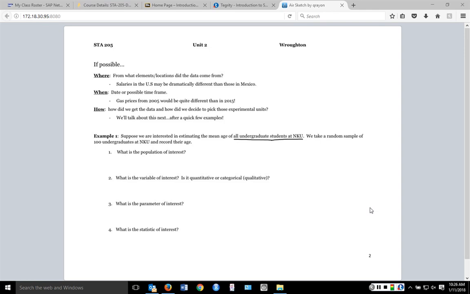So that is my population. I'm not interested in the faculty, I'm not interested in graduate students, I'm only interested in undergraduate students at NKU.